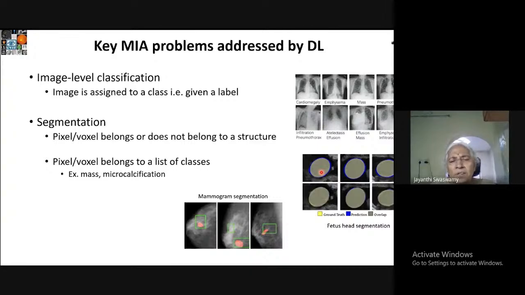Here the green box is the ground truth, and this colored region is basically the segmented mass. And you can see some here. It is too tiny, and that is the microcalcification region. So these are 2 key problems that have been addressed by deep learning so far.